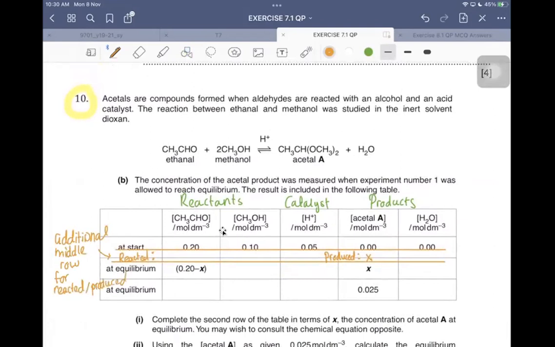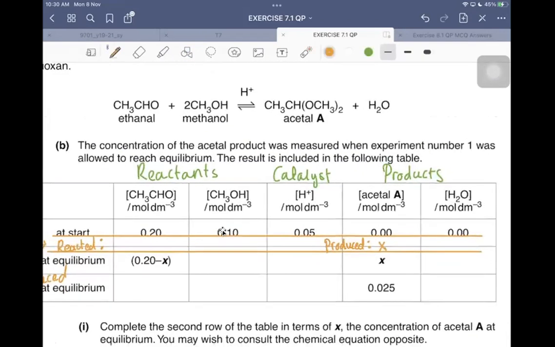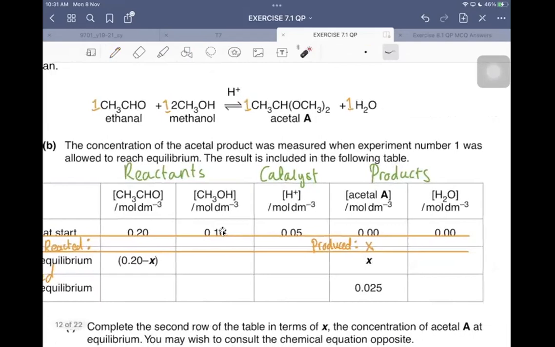Okay, so I'm going to use in terms of X first, because this column here wants you to answer in terms of X. Okay, once I know one information in the middle row, I can just use my mole ratio, and nicely enough, all my mole ratios are 1, excluding the catalyst. Okay, I'll talk about the catalyst later on. So if I have produced 1 mole of acetal A, if I have produced X mole of acetal A, I would have produced X mole of H2O as well.